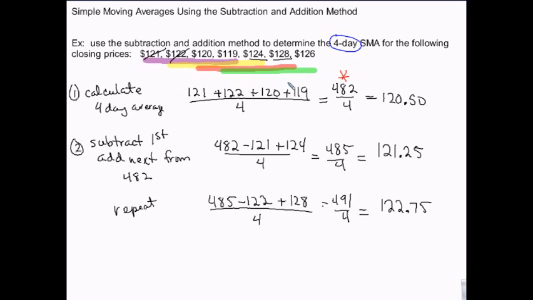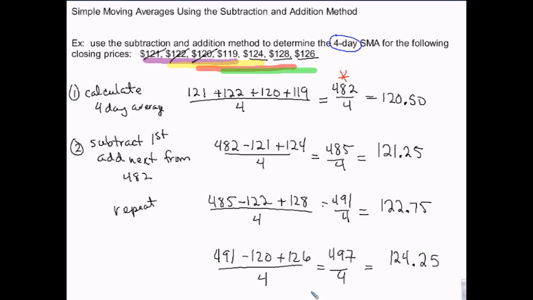So now I want to do the green. So I'm going to take 491 and I'm going to take this 120 out and I'm going to put the 126 in. Which gives me 497 divided by 4. $124.25.